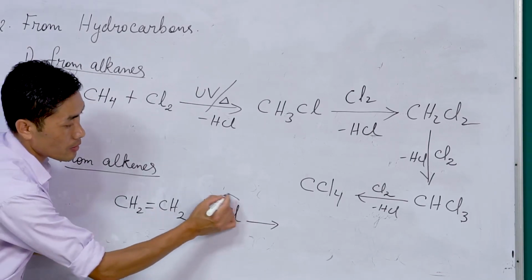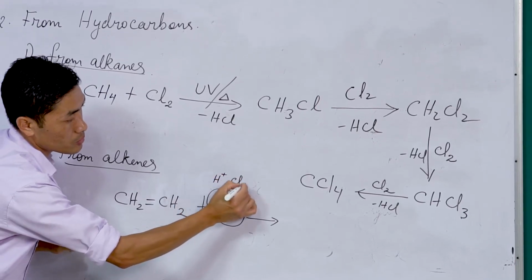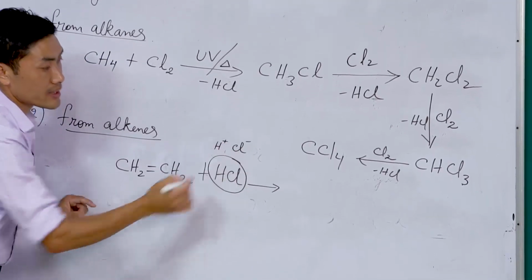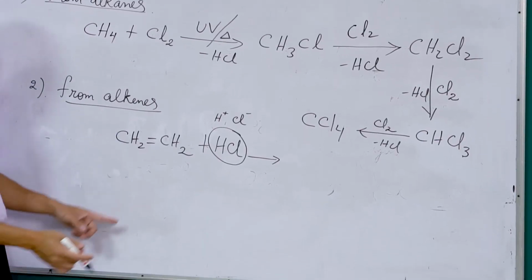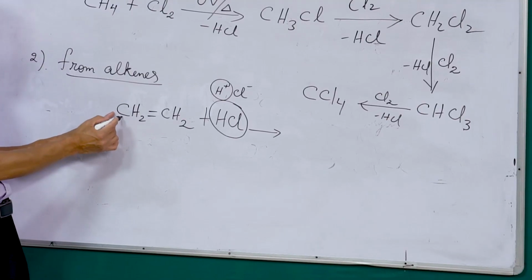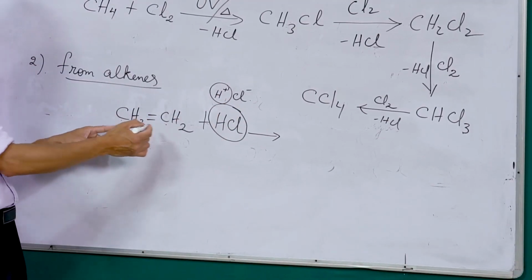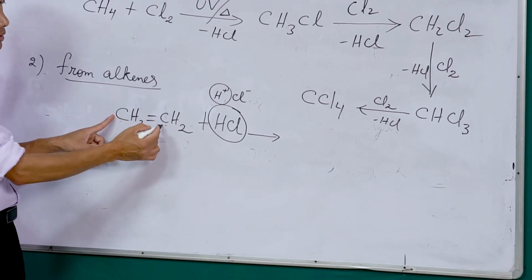Now this molecule breaks up into these two parts, a positive part and a negative part. One goes to the first carbon, the other goes to the second carbon. The addition will take place across the double bond.